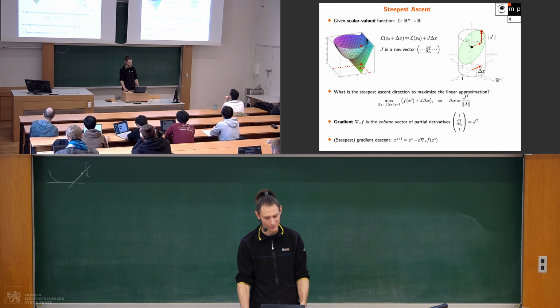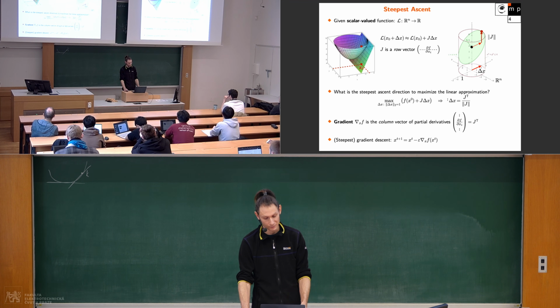So this is our linear approximation to the function, given by this derivative times the increment plus this constant offset. And you want to maximize the value of this linear approximation subject to the argument staying in this ball.